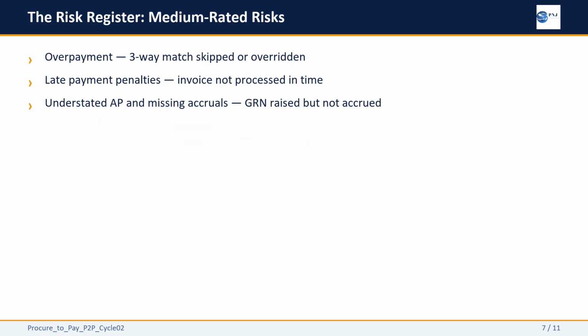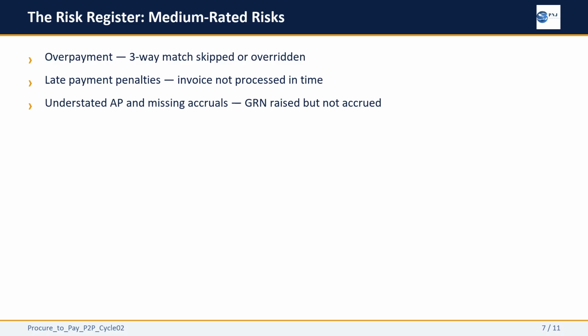3 risks are rated medium. Overpayment typically occurs when the 3-way match is skipped or overridden. The business pays an invoice that did not agree with the PO or GRN. The impact is cash overpaid and a recovery risk with the supplier. Late payment penalties arise when invoices are not processed through the cycle fast enough. AP backlog translates directly into additional cost and damaged supplier relationships.